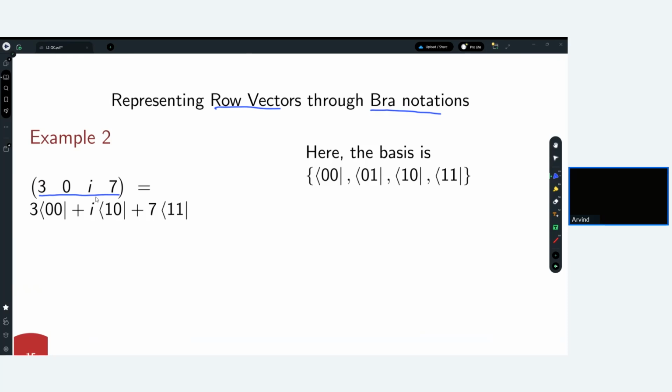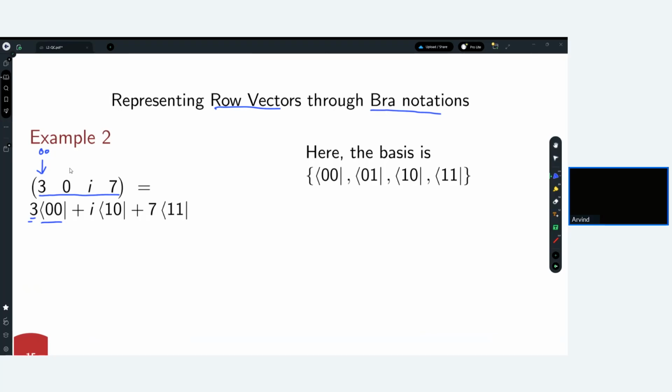The 3 is present at the zeroth position, so make the 3 the coefficient of the bra 00, and skip the rows at which the zero value is present.